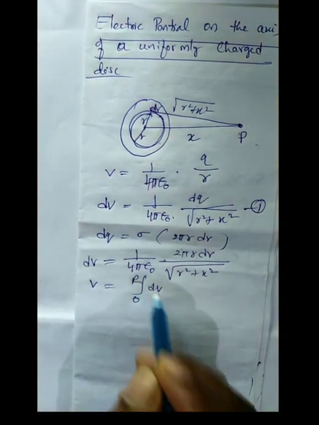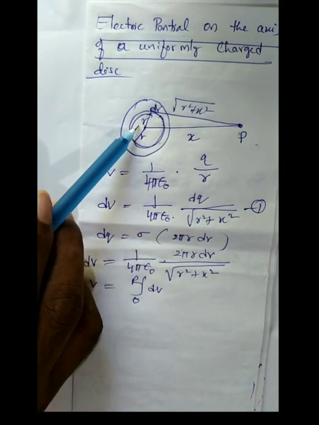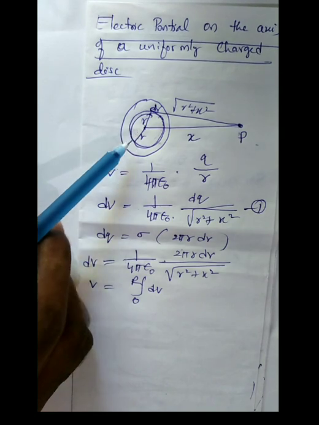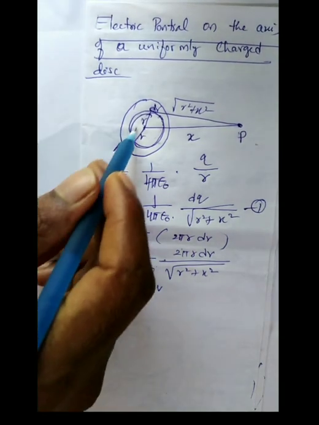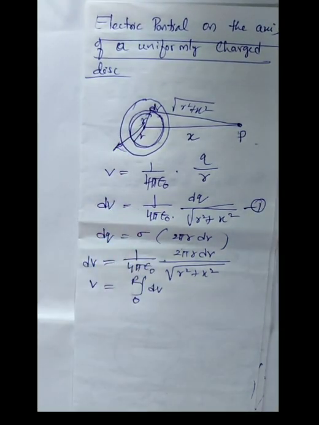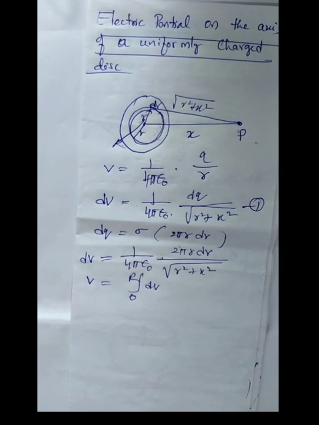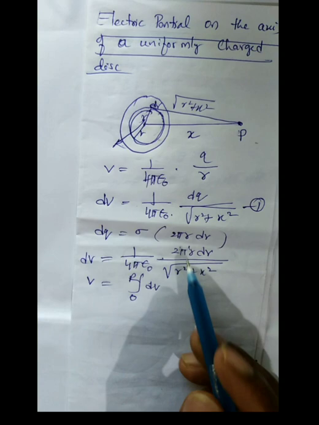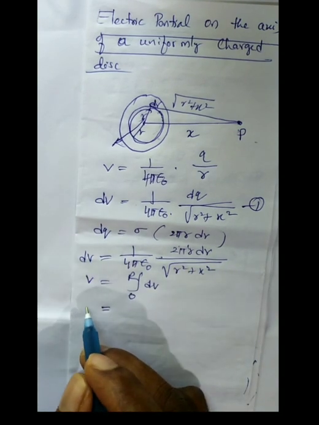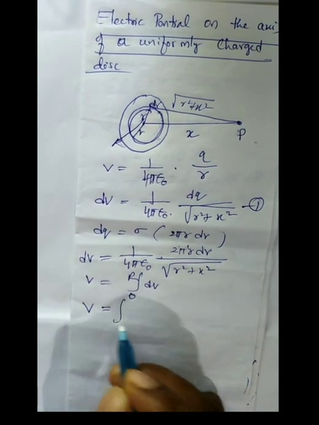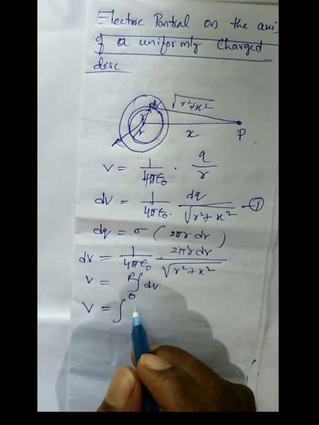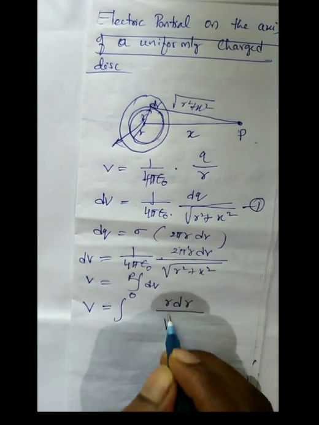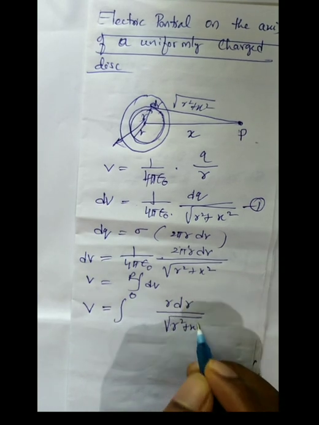From 0 to capital R, because the disk is made of n number of such radii, and the limit is capital R, till where the disk is available. Now pi cancels, the 2s cancel, so I am going to get V equal to the integral of r dr divided by square root of r square plus x square.